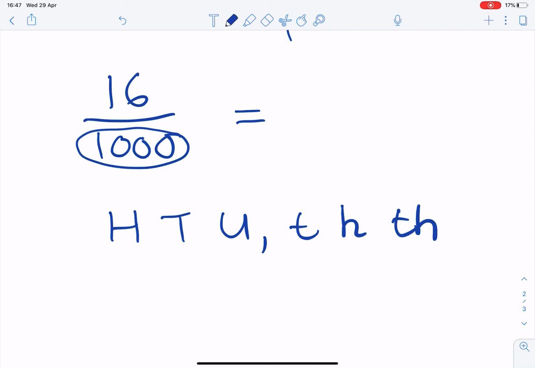So it needs to end in that column, and I need to replace the other columns with a 0. So there is my answer: 0,016, or 16 thousandths.